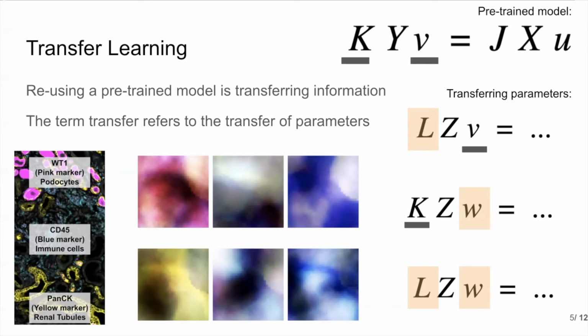If the sample size was the same, we can transfer k. And by doing so, we transfer the alignment that is learned in the first pre-trained model that encodes the information between y and x, and transfer that information to z. After we transfer those parameters, we then learn a new set of parameters that are highlighted in orange. That can be L or W.